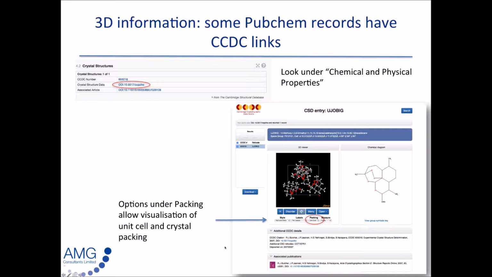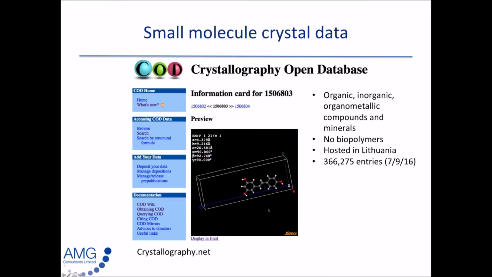I couldn't find how many records on PubChem actually had CCDC records, by looking on either provider's database, so I'm not sure how many there actually are. But it's been brought to our attention that there is also an open database which is hosted in Lithuania.